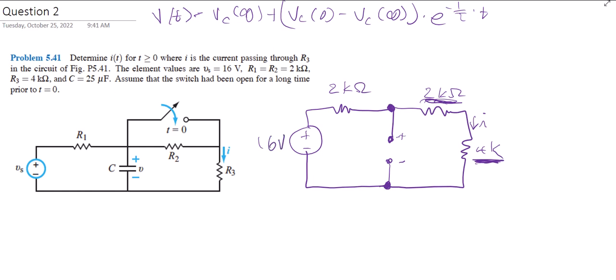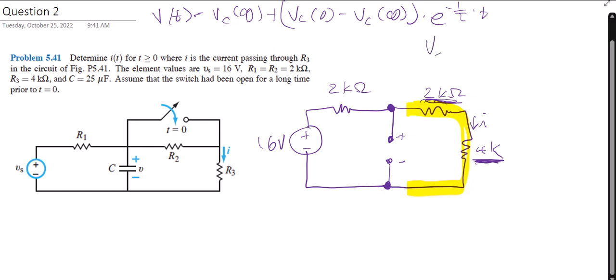And so the voltage across these two right there is going to be the same as the voltage across our capacitor because they're in parallel.